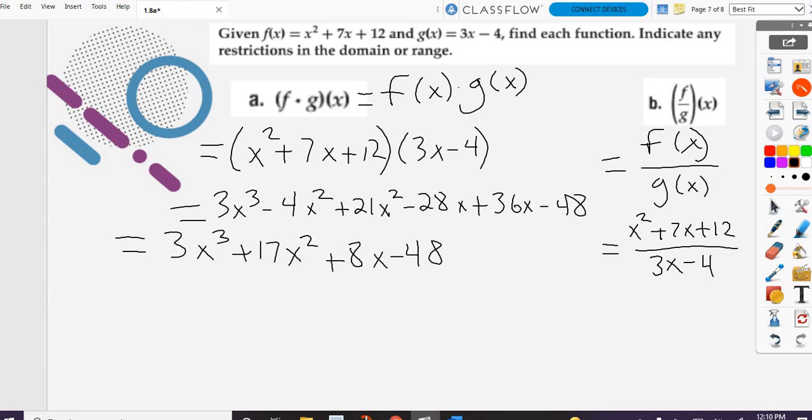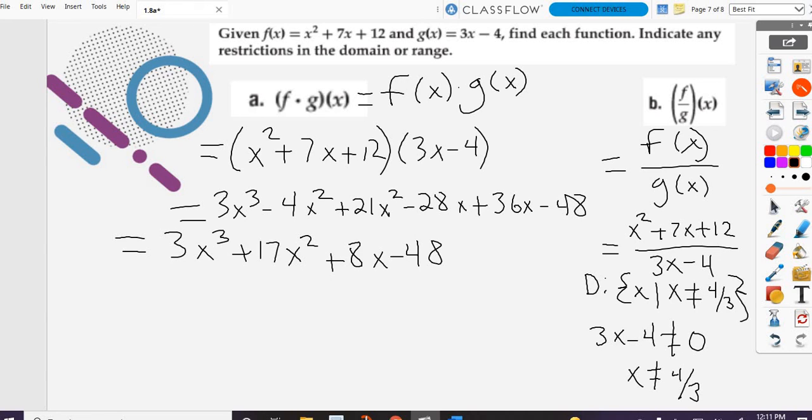So what is our fraction not allowed to have? 0 in the denominator. So our denominator cannot equal 0. So x cannot equal 4/3. So your domain would be x such that x cannot equal 4/3.